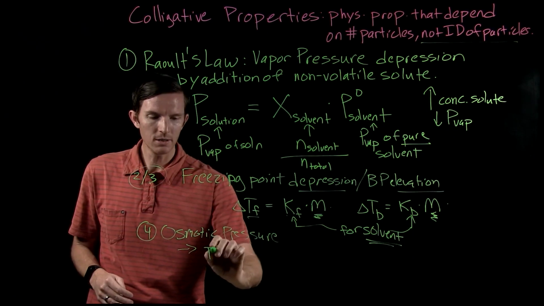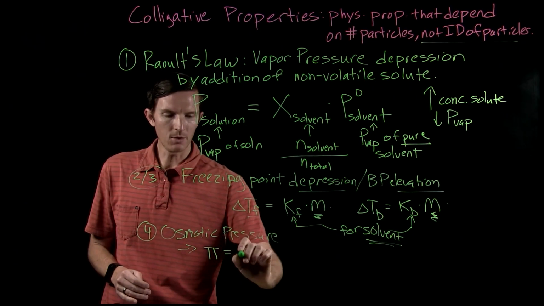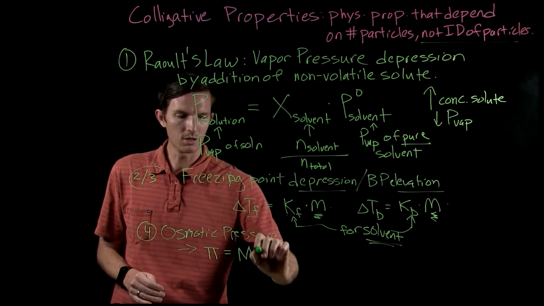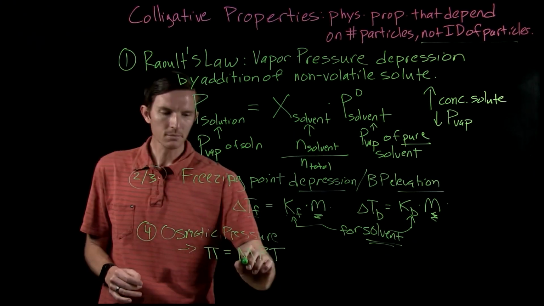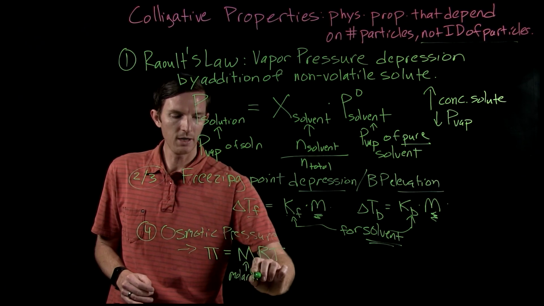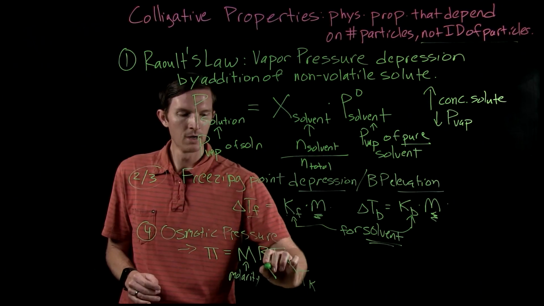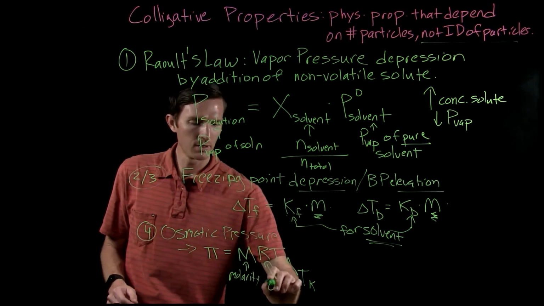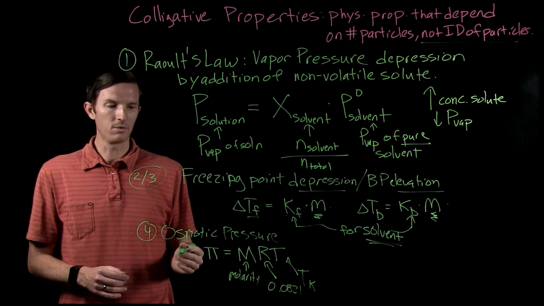But what we'll notice is that our osmotic pressure, which is pi, equals the molarity of our solution times R times T, okay? This is the molarity, this would be our temperature in Kelvin, and that's our normal gas constant, 0.0821 liters atmospheres per mole Kelvin.